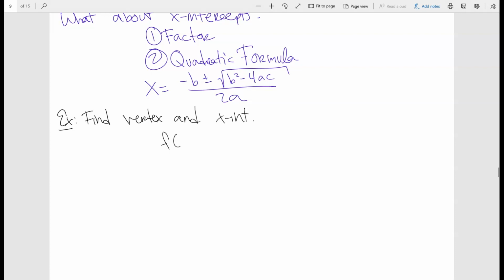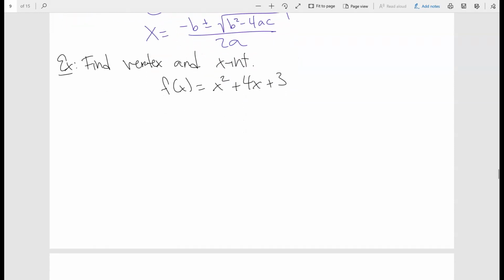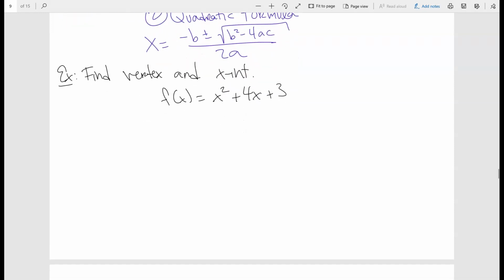So here's my function, x squared plus 4x plus 3. The first thing we want to do is find the vertex. Clearly we don't want to complete the square. We already did it, and let's say that's not the method you want to use. Remember, to find the vertex we need to figure out what h is.